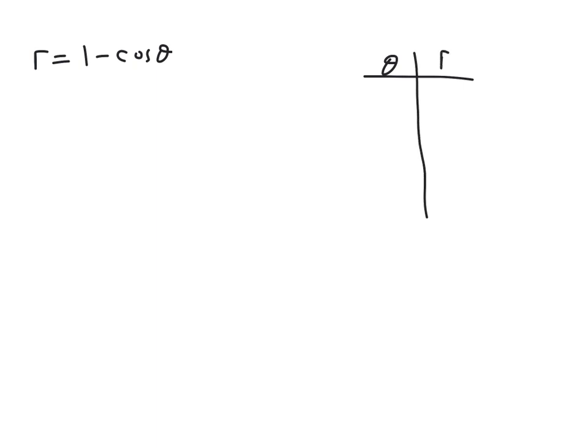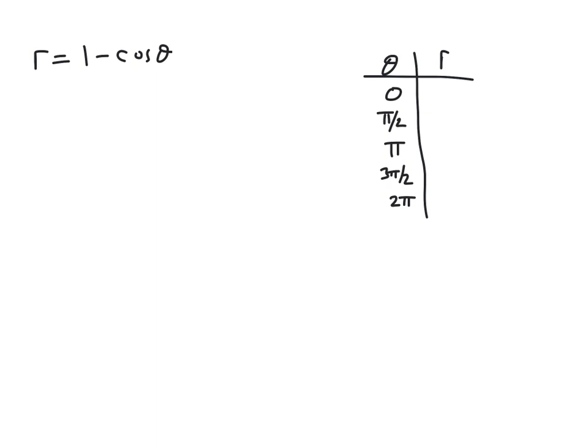I'm going to pick values of theta that are easily computed: 0, pi over 2, pi, 3 pi over 2, and 2 pi. If you want to get more refined and compute pi over 4s, or pi over 3s, or pi over 6s, you can do that. You can do as much as you need to in order to get an idea of what this shape looks like.